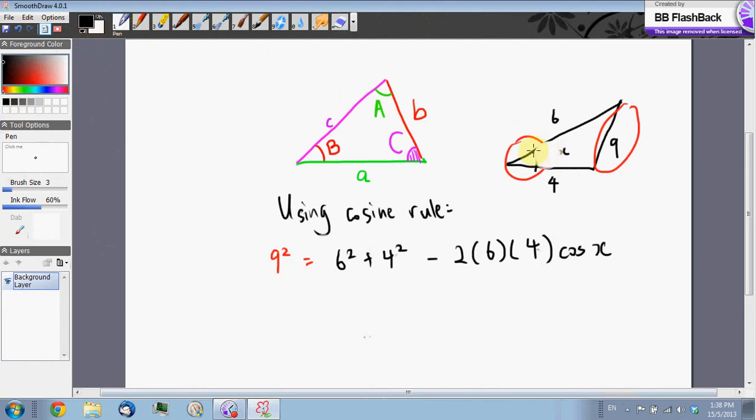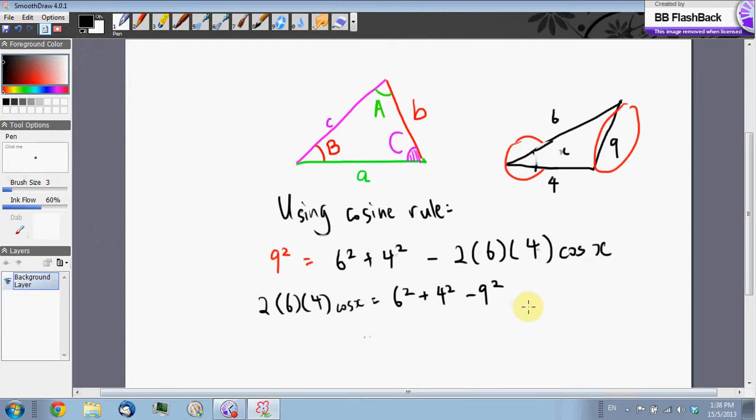Now all we need to do is solve for x. If you bring this whole expression over to the other side, you can get 2 times 6 times 4 cosine x equals 6 squared plus 4 squared minus 9 squared.